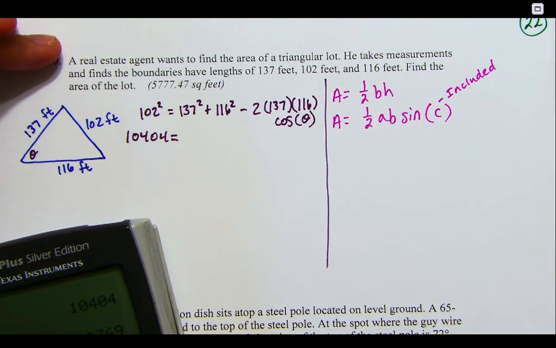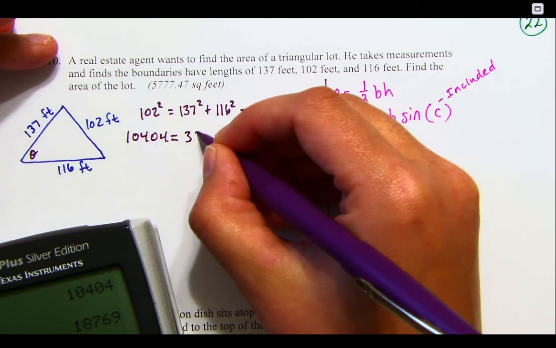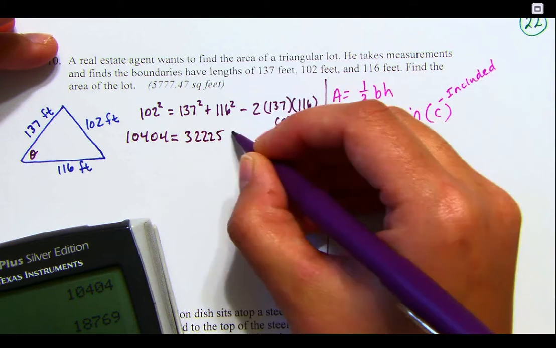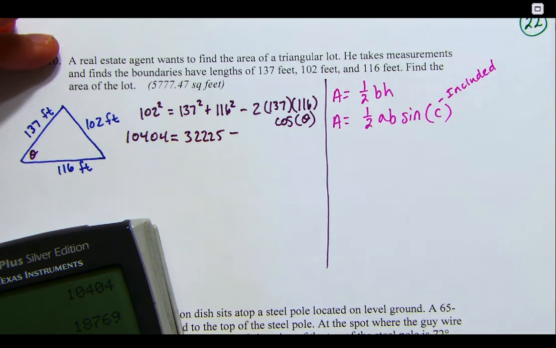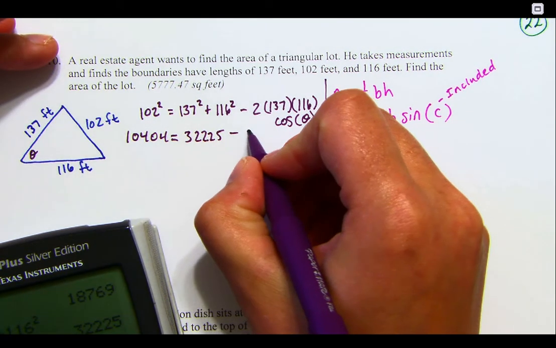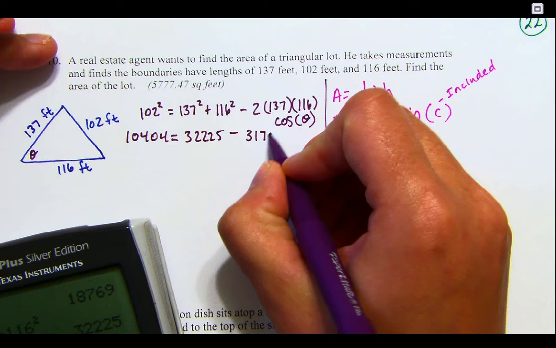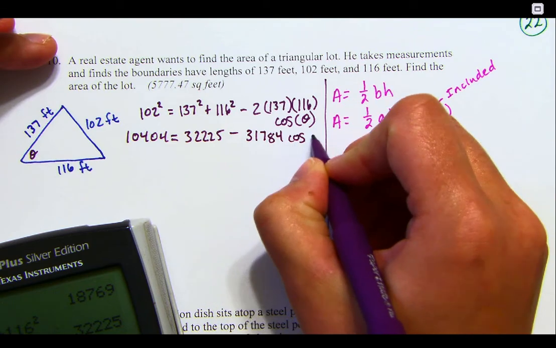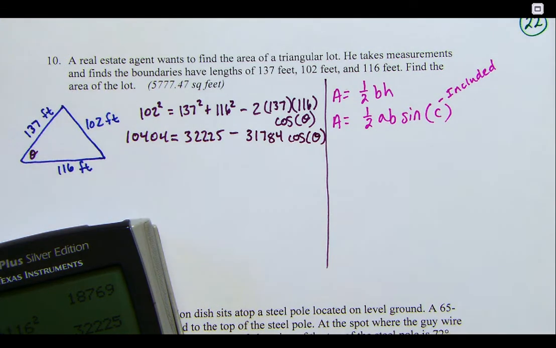So plus 116 squared, so 32,225 minus, and then I'm going to multiply those three numbers together right away. So 31,784 cosine of that theta that we're trying to find.